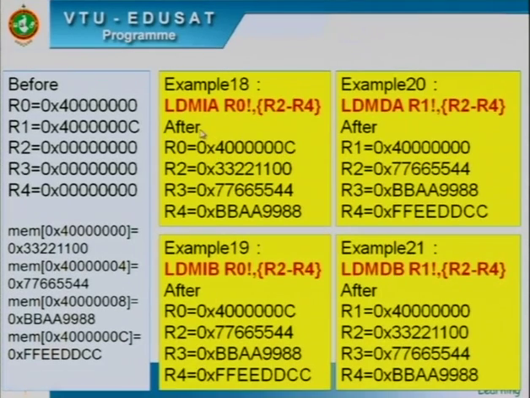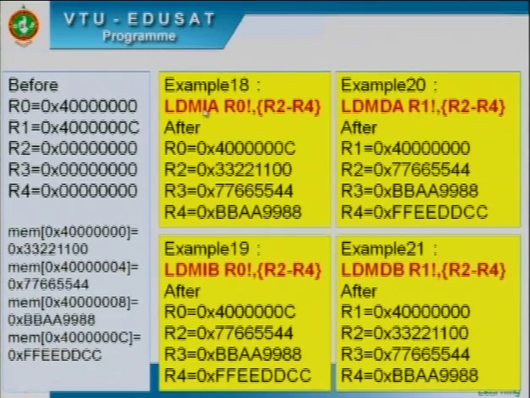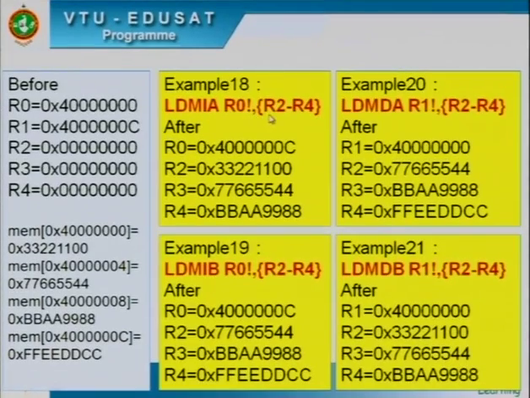So let's look at this instruction again. LDMIA, load multiple registers, increment after, R0 with exclamation mark, comma, R2 to R4 in the curly bracket, the range of these registers in the curly bracket. From the R0 base address, whatever the content of R0, that points to a memory location, and that memory location's value gets transferred to R2 first.